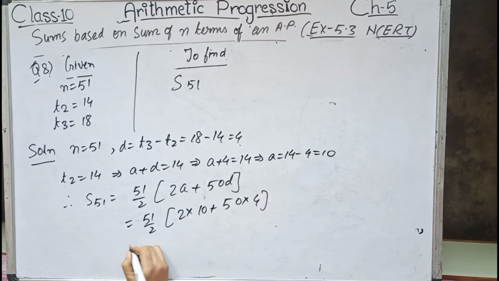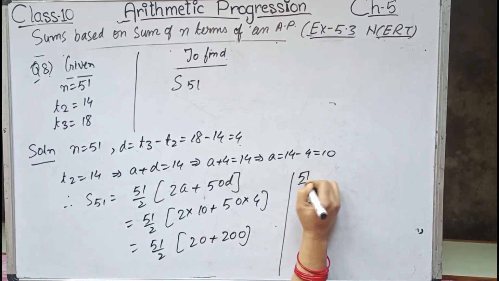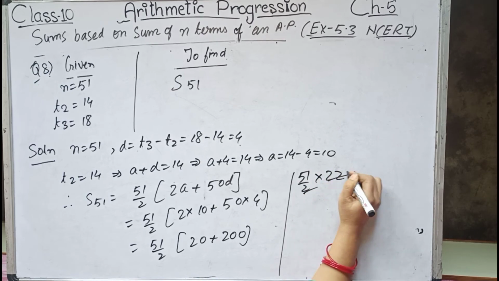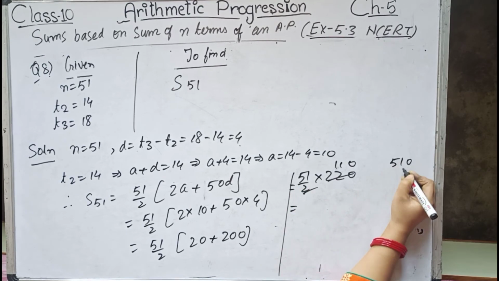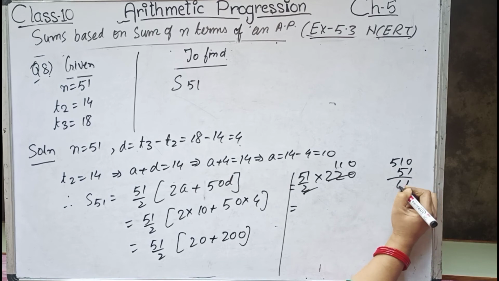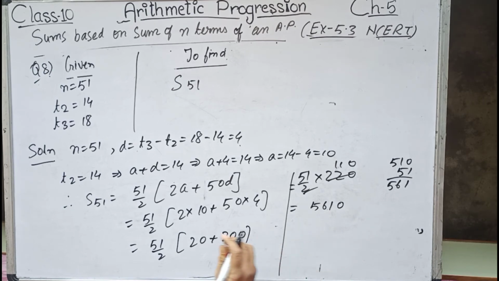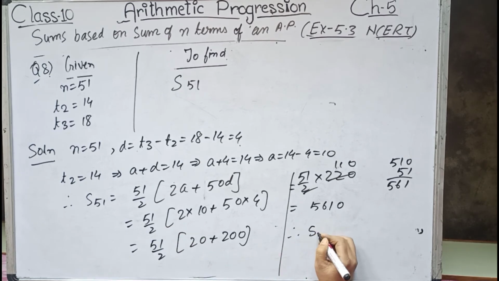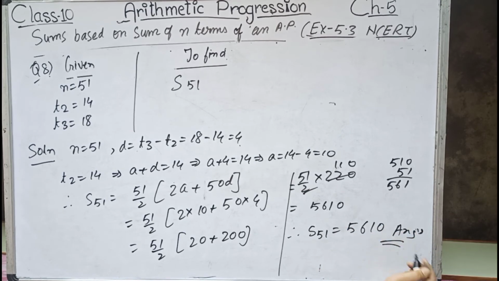So this will be equal to 51 by 2 times 20 plus 200, which is 51 by 2 into 220, which equals 110 into 51. So 110 into 51 will be equal to 5610. So S51 in question number 8 is 5610. Yes, it is correct. Therefore S51 equals 5610, and this will be the answer.